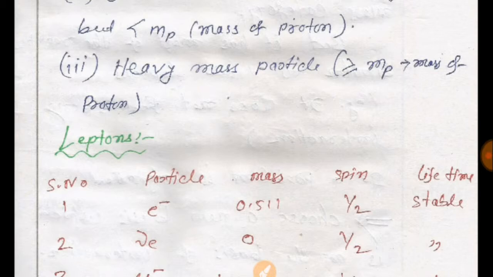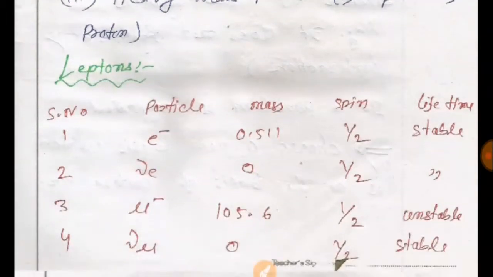The electron has mass 0.511 mega electron volts, spin half, and a stable lifetime. The neutrino has 0 mass, spin half, and is also stable.